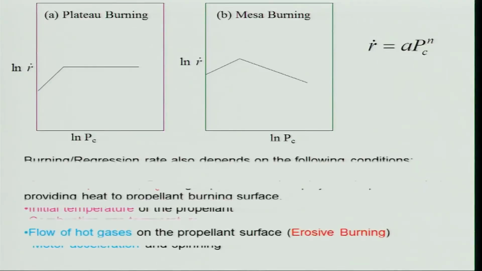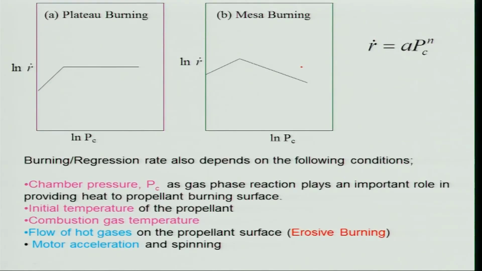I will just summarize what we have learned, that burning rate or the regression rate, I will be using this term interchangeably, depends on the following conditions. One is chamber pressure, because the gas phase reaction plays an important role in providing heat to the propellant burning surface, and the initial temperature of the propellant, that is T_p, and it will be dependent on combustion gas temperature. And a very important thing which I did not discuss is the flow of hot gases, right.